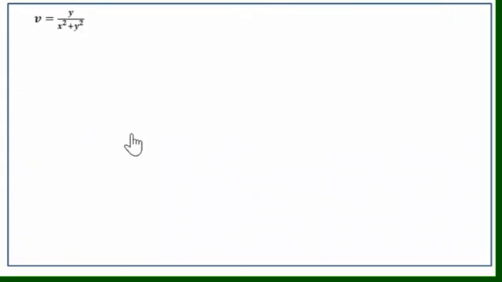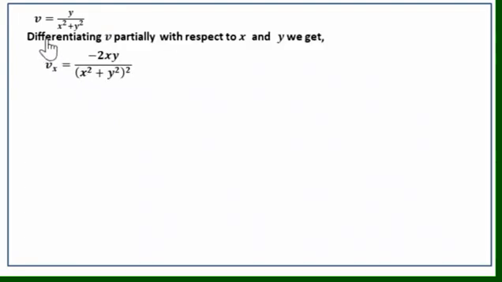So find ∂v/∂x and ∂v/∂y by partially differentiating with respect to x and y. First find ∂v/∂x, so use the quotient rule and differentiate with respect to x keeping y constant. So ∂v/∂x or vx is equal to, we have the denominator squared, (x² + y²)², and the numerator will be the denominator x² + y² times the derivative of the numerator, that is the derivative of y with respect to x, which is 0.